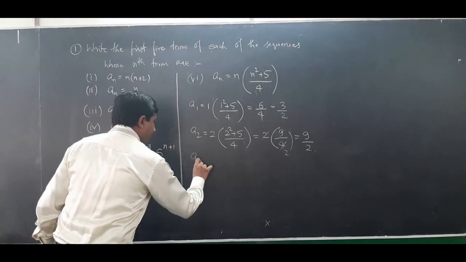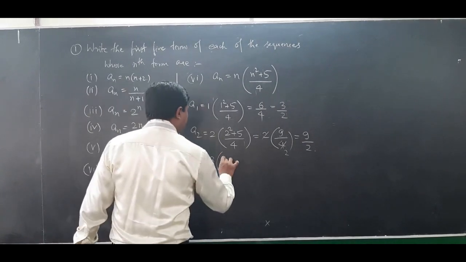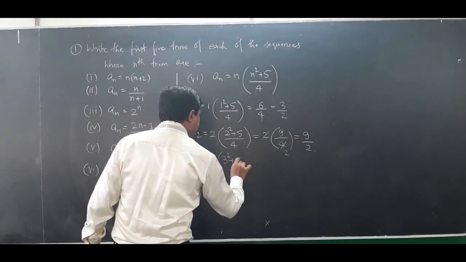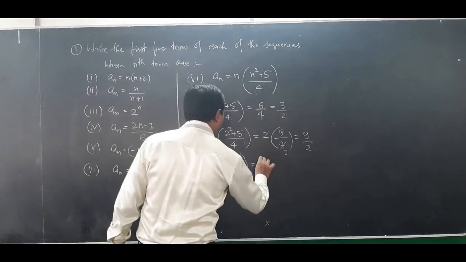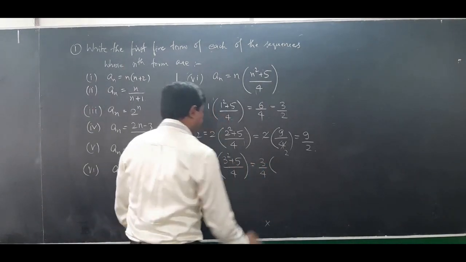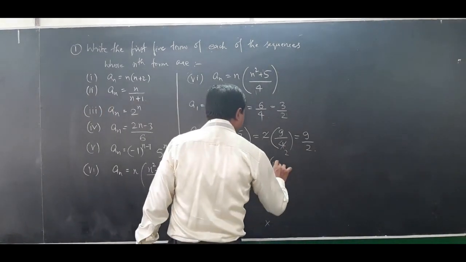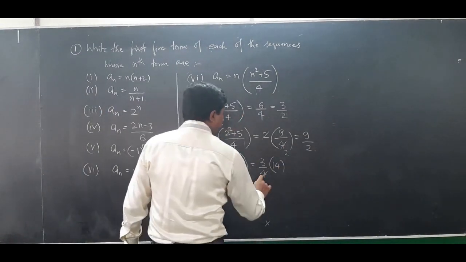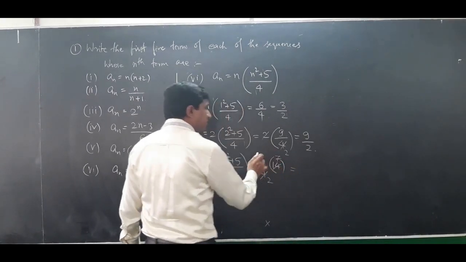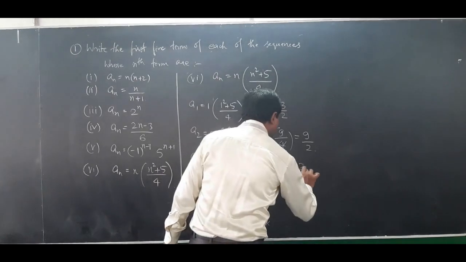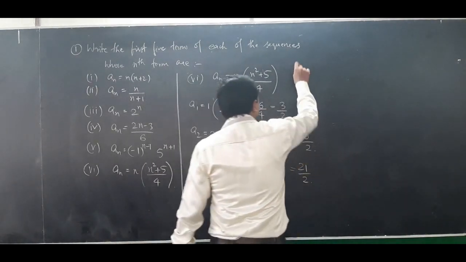Third term, a3 is 3 into 3 square plus 5 by 4. It is nothing but equal to 3 by 4, 3 square plus 5, 9 plus 5 is 14. 2 2s are 4, 2 7s are 14. So 7 3s are 21, 21 by 2.